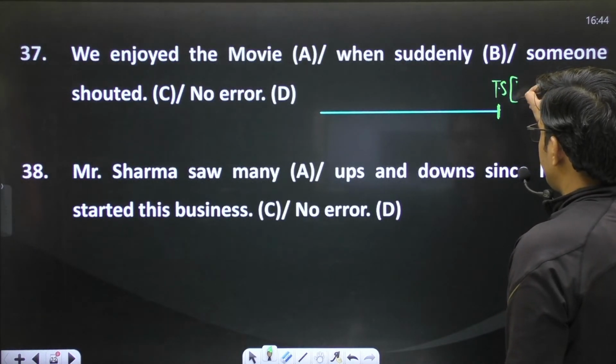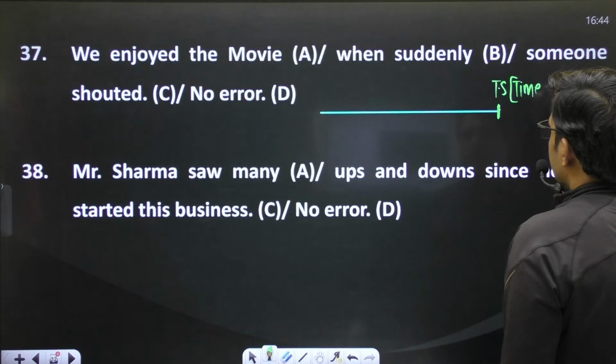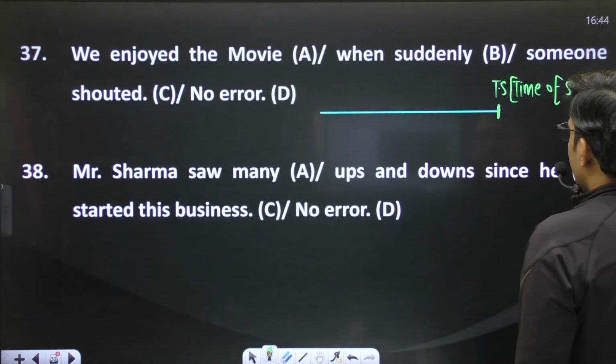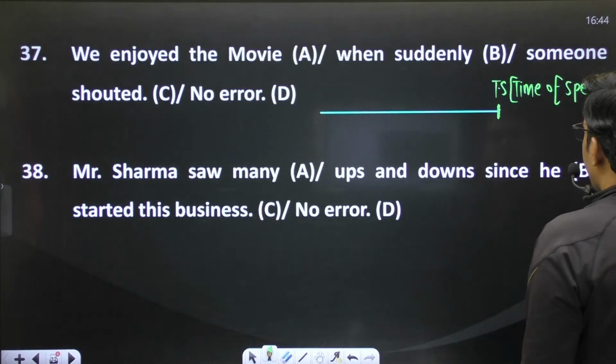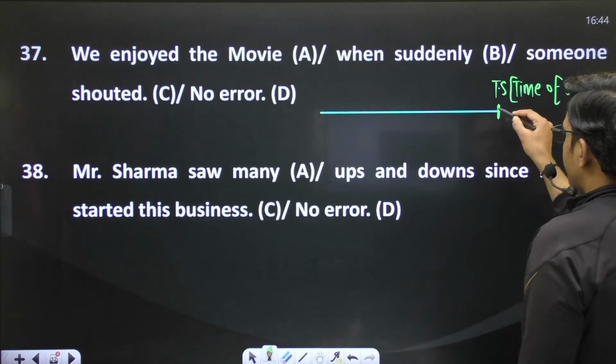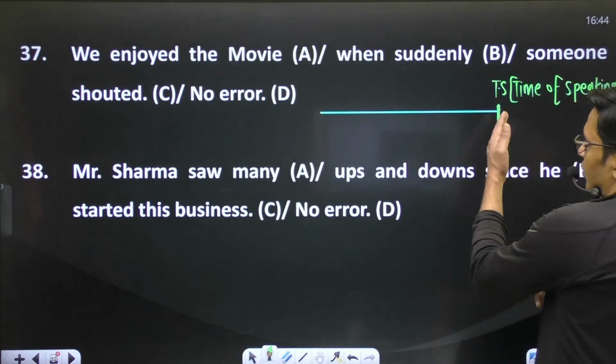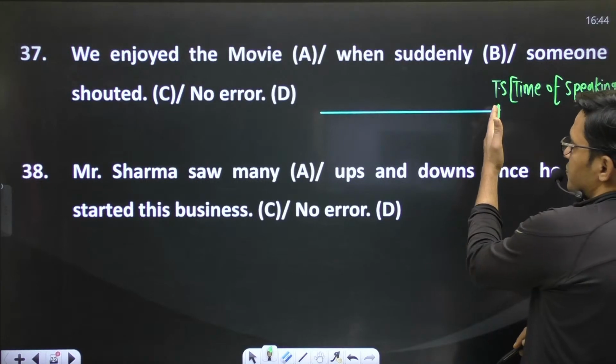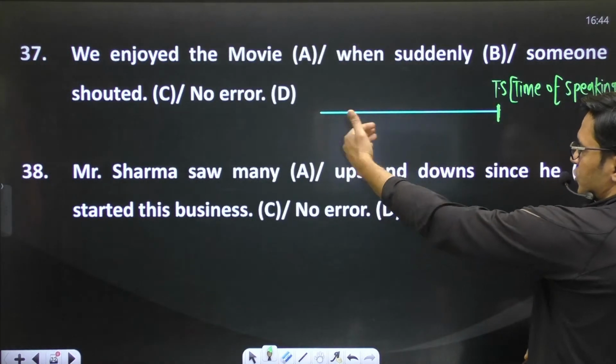TS denotes what? Time of speaking. This is the time of speaking, or you can say present time. Before this TS, time of speaking, this entire portion denotes past tense.